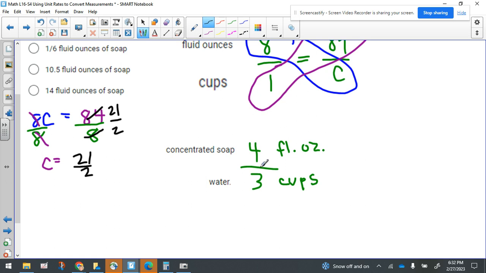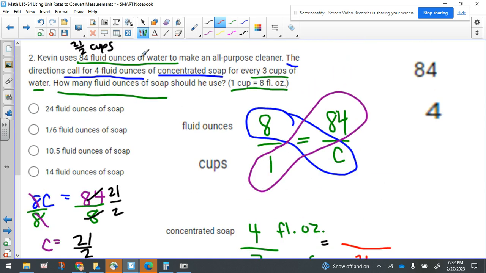Now, how do I deal with this 4 to 3 ratio, right? We just converted this to cups. So if we're going to use proportional reasoning, we're going to take this number, even though it makes us uncomfortable and looks a little awkward as a fraction within a fraction, and put it right here because this is talking about cups.